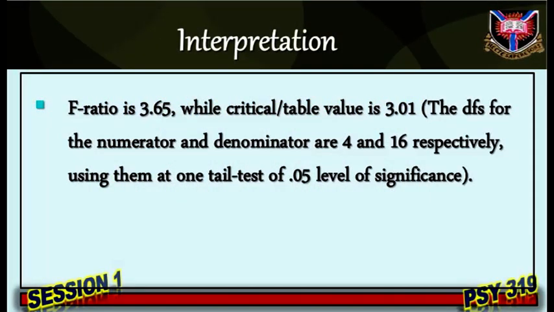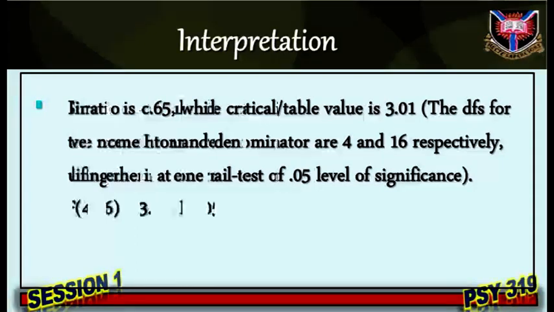Interpretation. From the calculation, our F ratio is 3.65. You now consult the statistical table to determine whether to reject or accept H0. The DFs for the numerator and denominator are 4 and 16 respectively. Using the DFs at a one-tail test of 0.05 level of significance, the critical value is 3.01.